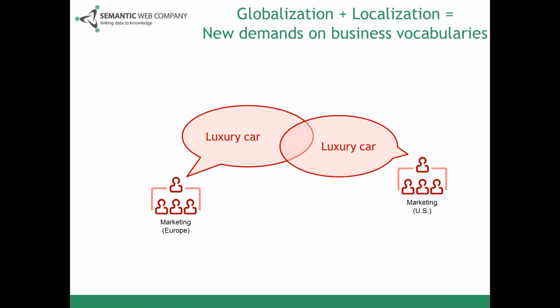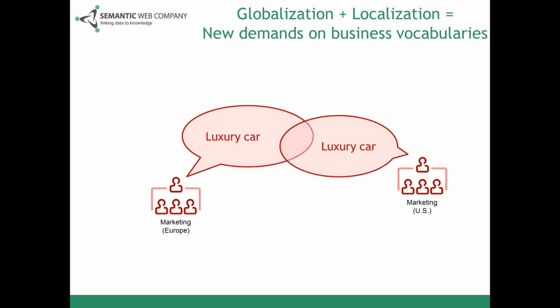And that's the question we are facing these days more and more, because on the one hand we have globalization, on the other side we have localization. For instance, if a marketing department in the US talks about a luxury car, you can assume that they mean something else than when a luxury car is mentioned in Europe.